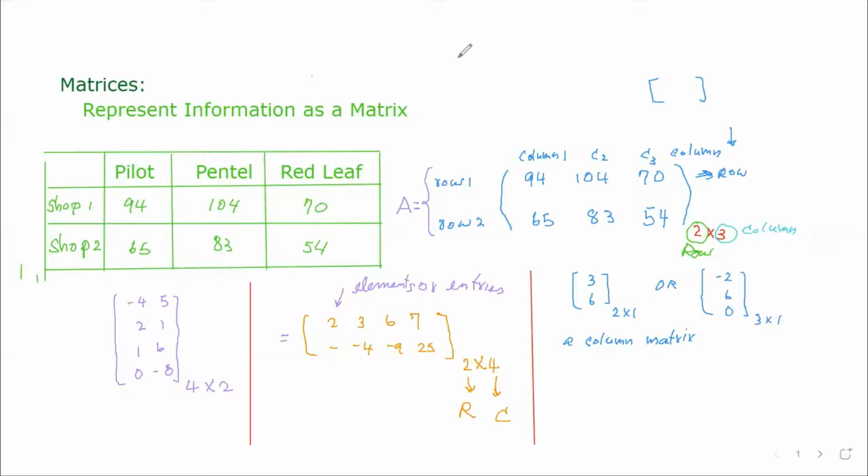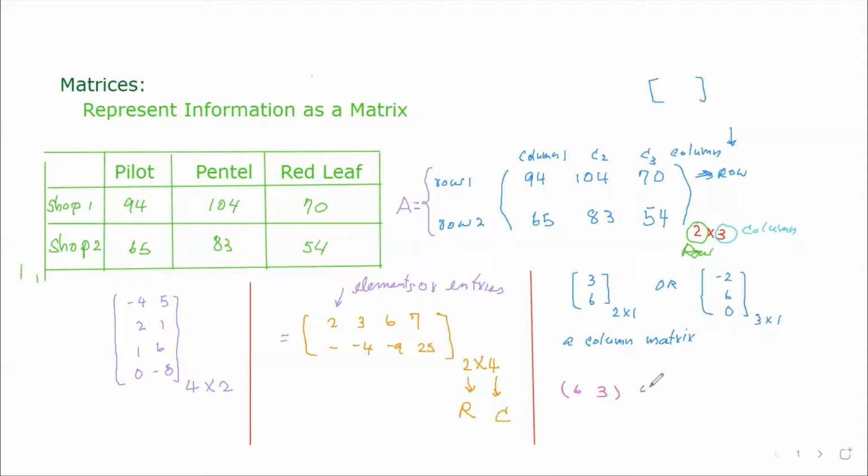If I write it in this shape, maybe 6, 3, or maybe I can write 7, no comma, sorry, there shouldn't be a comma there.